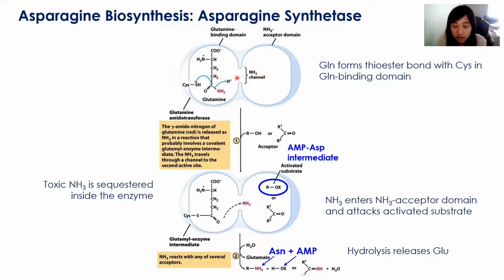And once released into the enzyme, the ammonia travels to the ammonia acceptor domain and attacks the activated substrate. In this case, it's the AMP-aspartate intermediate to form asparagine. And then the glutamate that's attached here is released by a simple hydrolysis reaction to form glutamate.